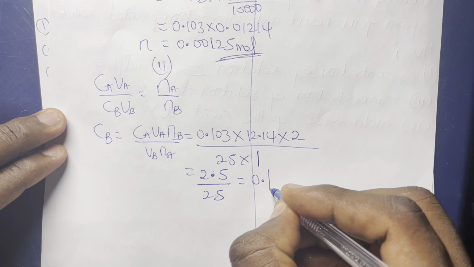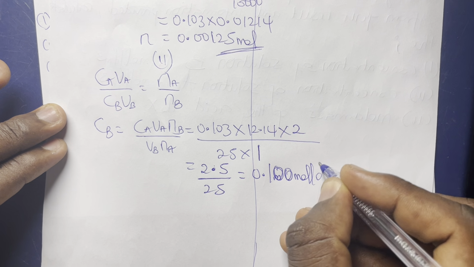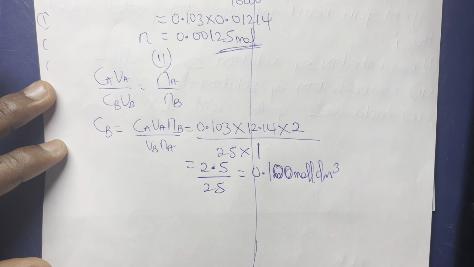So that is 0.100 mole per dm cube. That's the answer for number 2.